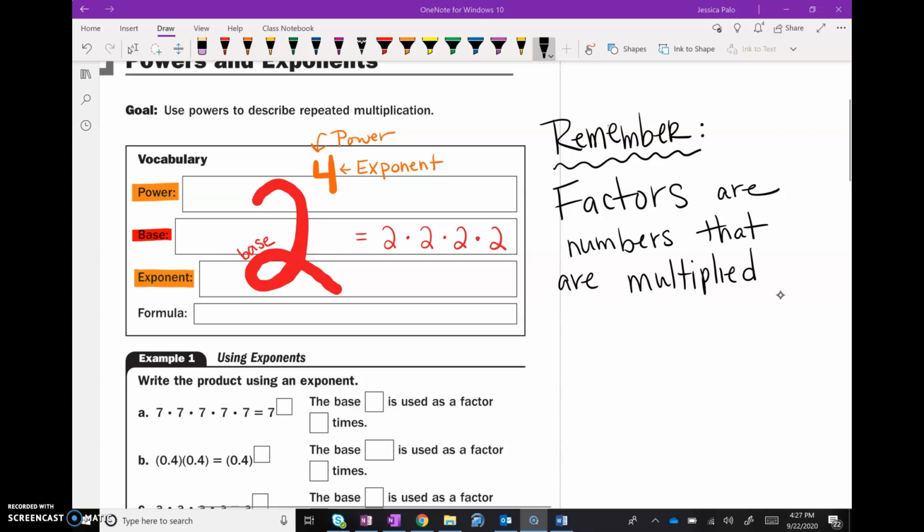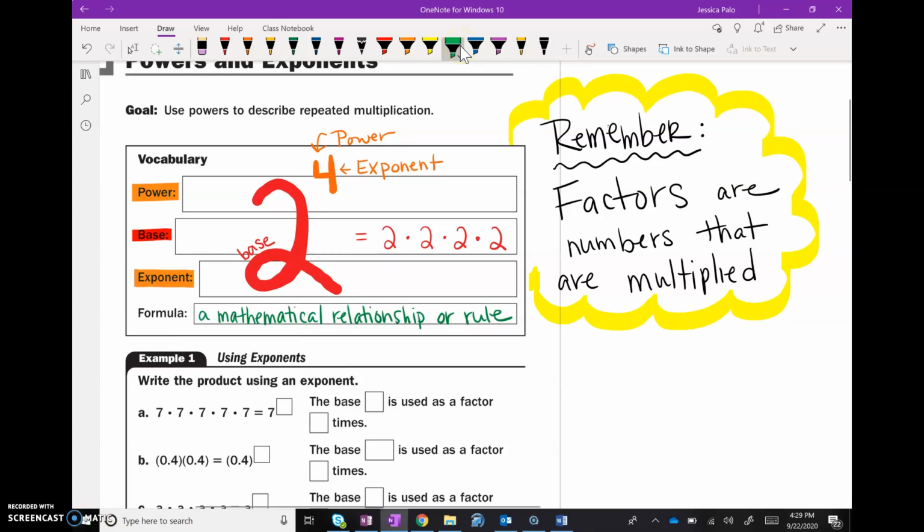So 2 to the 4th power can also be said 2 to the power of 4 equals 2 times 2 times 2 times 2. Your last vocabulary word, formula, is a mathematical relationship or a rule.